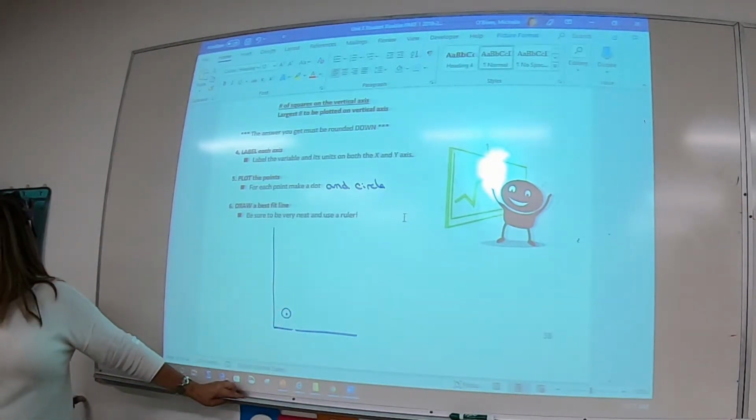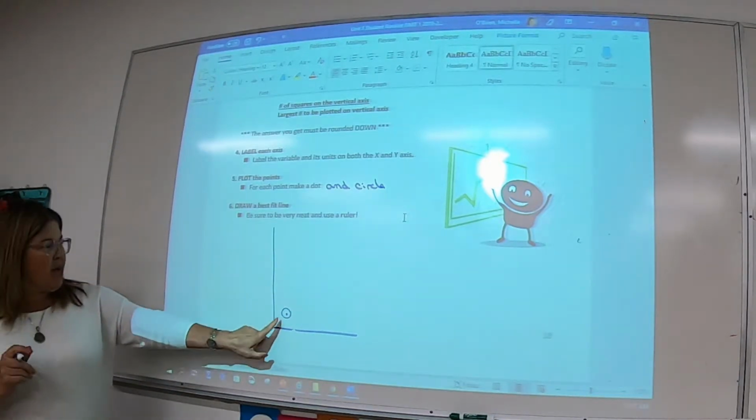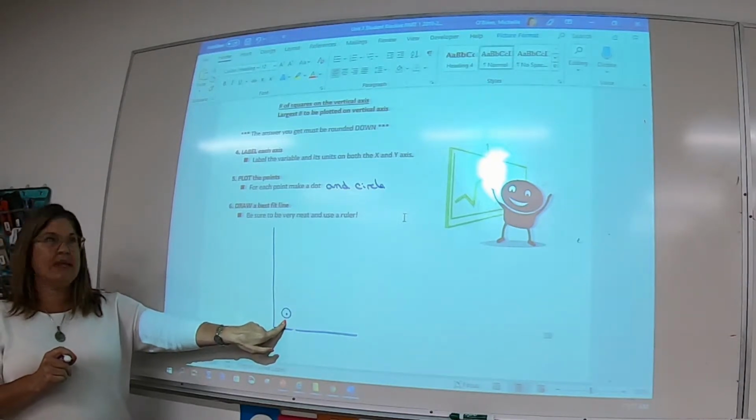And that circle just indicates that there is some error with that point, because I still have the thickness of my pen or pencil. I have graph paper that is not 100.0000% exact. So I want to make sure I plot them like that.